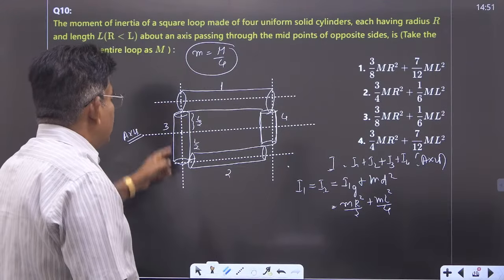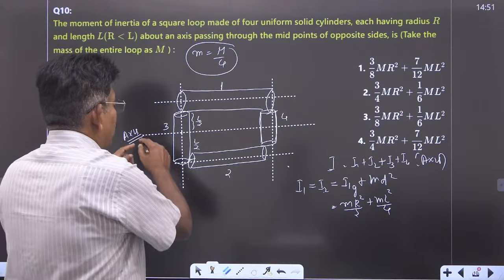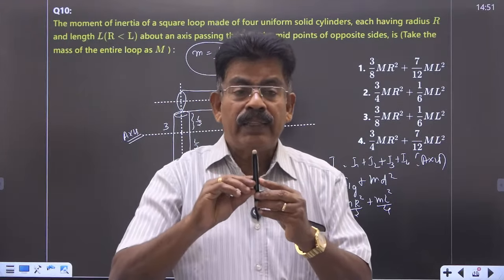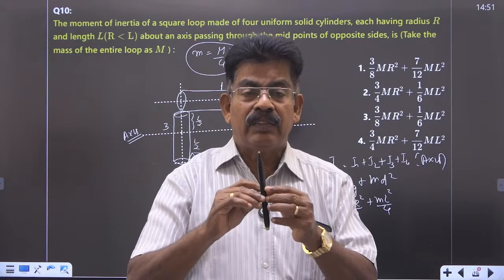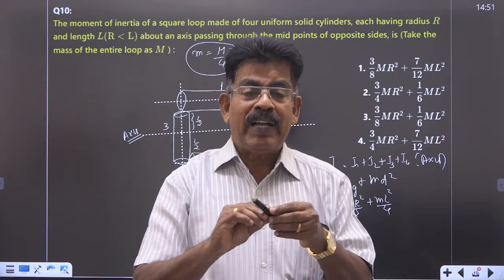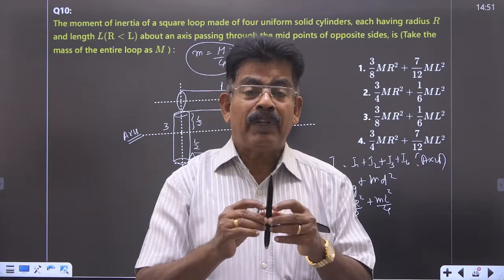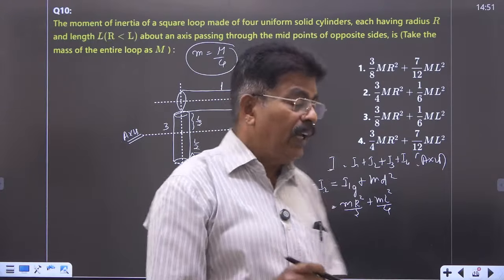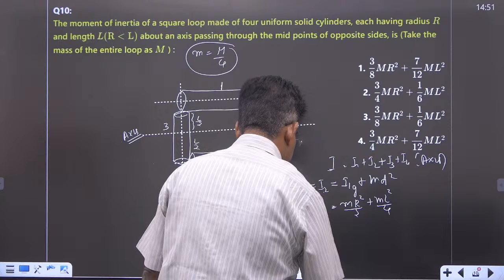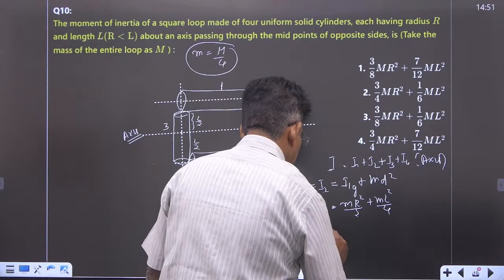They are rotating about an axis. This is the axis I want, but if you can see, they are rotating about an axis like this. Isn't it? About an axis passing through the center and perpendicular to the length. So the moment of inertia I3 is equal to I4.